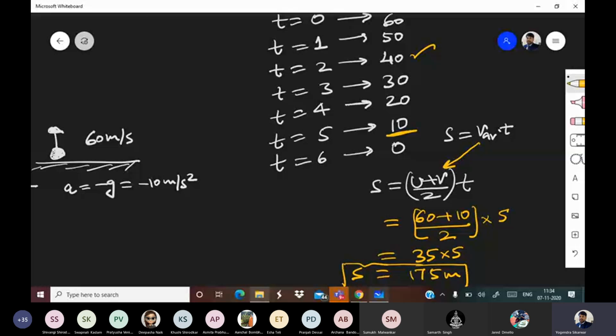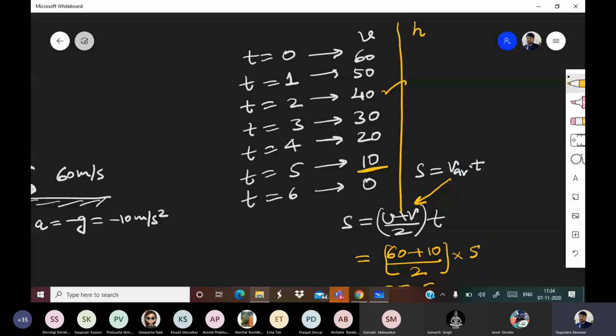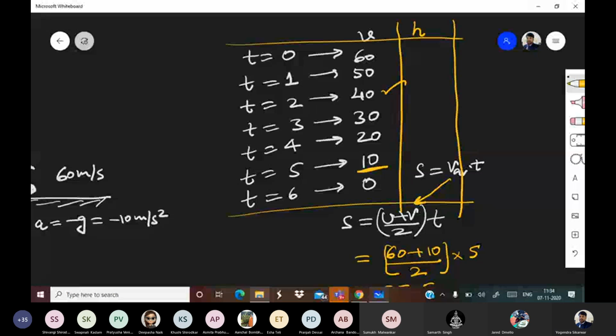So I want you, everyone, please pay attention. The way I have written velocity here, I want you to tell height at every second. Please tell, and do not use pen and paper. Do it in your mind. All of you, please do it.